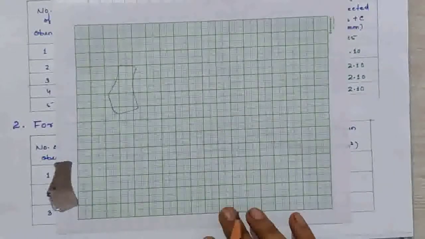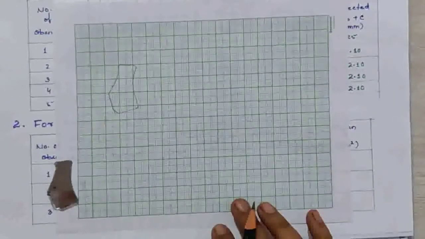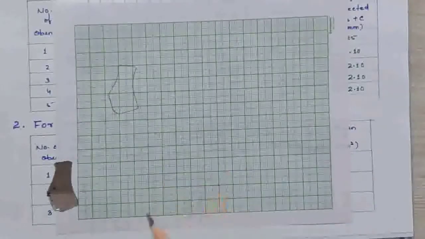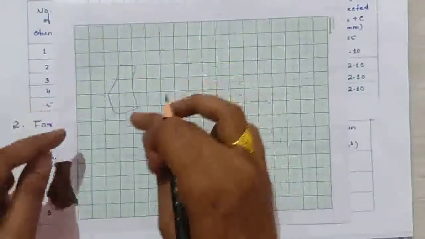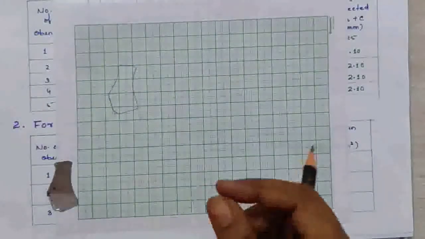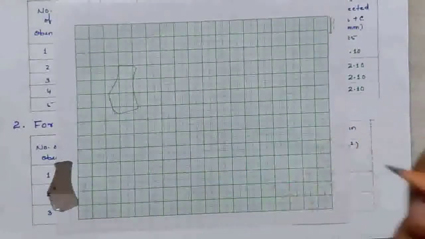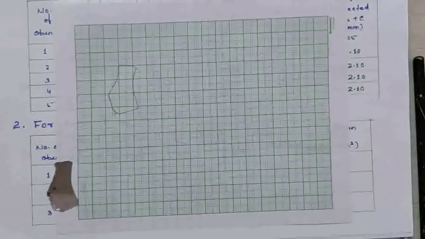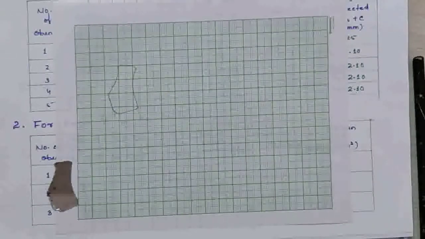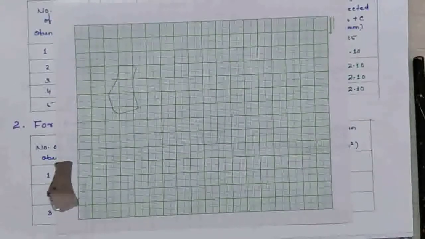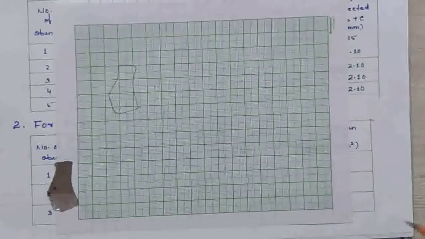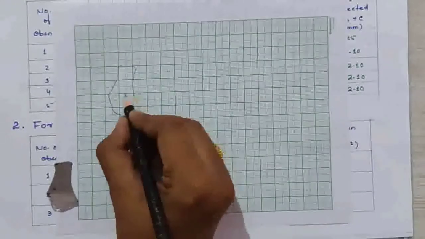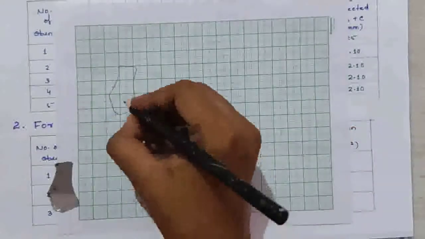Next thing we need to do is count the squares lying inside the outlined structure. That means we need to count the number of big squares and the number of small squares. For this there are some rules. You can see the big squares, one big square can be counted easily, but there are some other squares also, the small squares. So you can see this is a perfect square lying completely and fully within the outline.